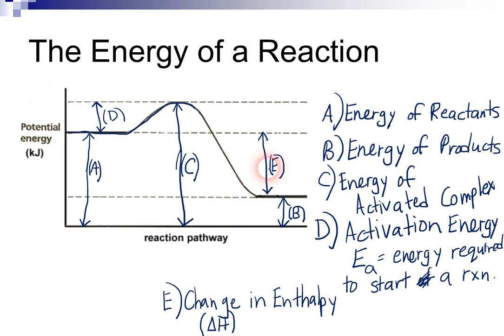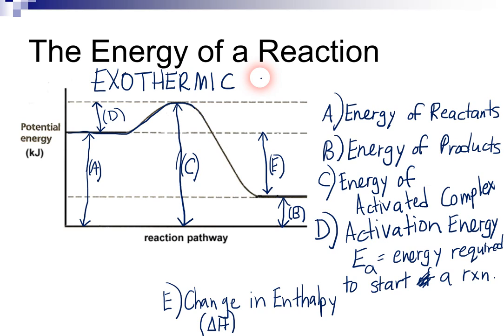And so when heat is lost to the surroundings, we call this an exothermic reaction. So this type of graph you see right here is an exothermic reaction. Now, that's pretty typical. Most reactions, as it turns out, are exothermic. However, some reactions are not.